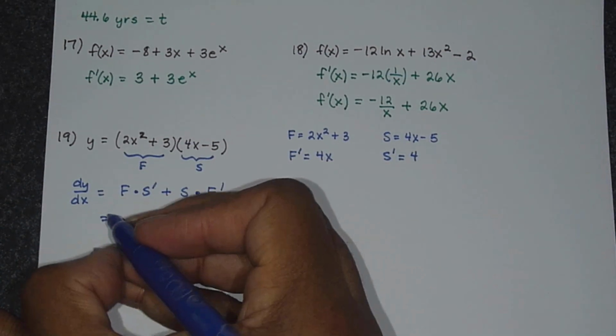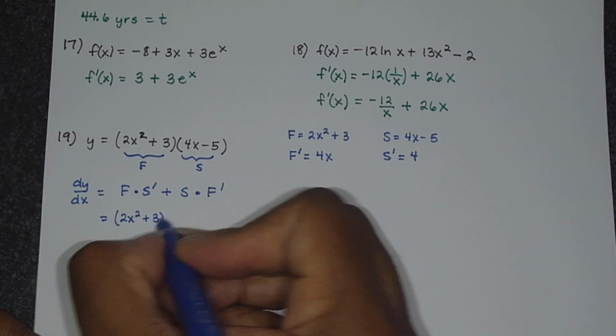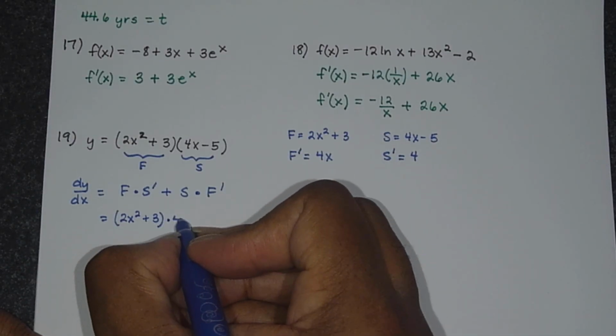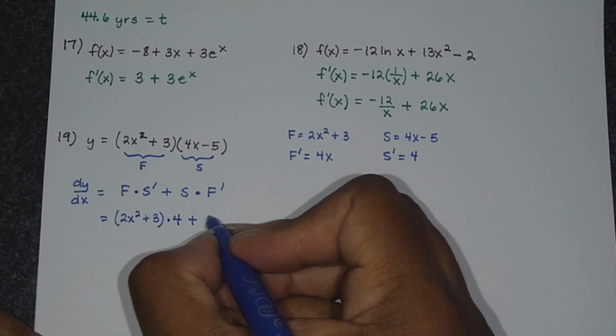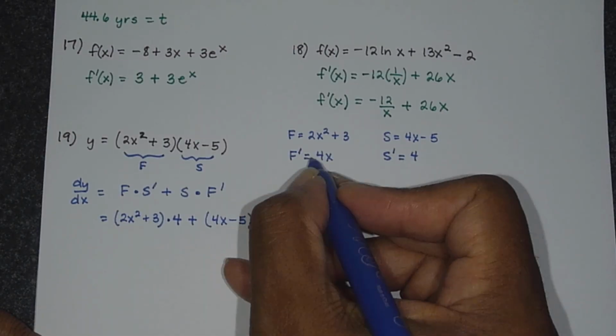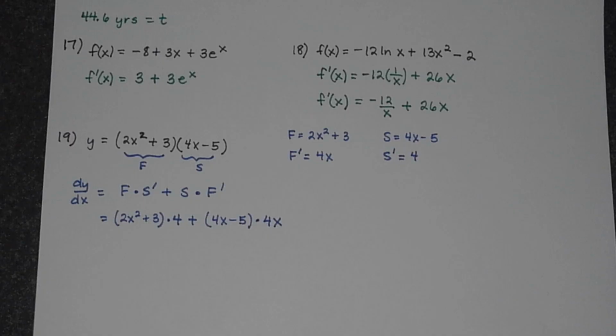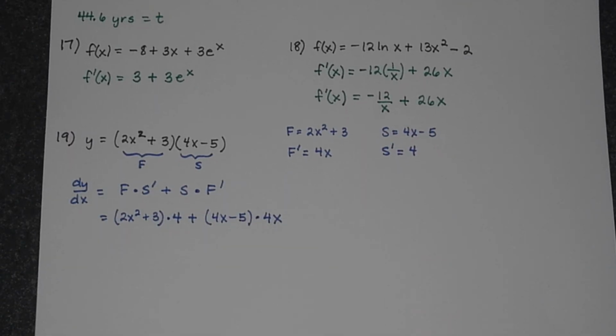So the first, 2x squared plus 3, times the derivative of the second, that was 4, plus the second, 4x minus 5, times the derivative of the first, that was 4x. So that's the product rule right there.